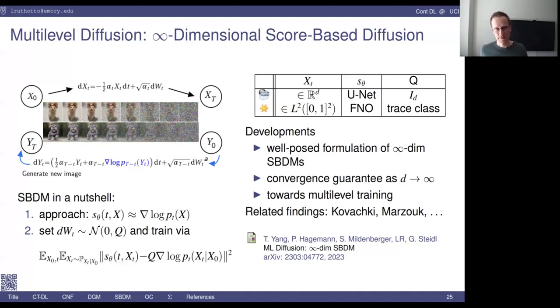But the thing is, you should not look at this on a point basis, but on a distributional level. So you can add noise to this dog image until you have no information left. And then you can learn a reversed process that gives you another image, but this may be a different dog. So that's the whole point.